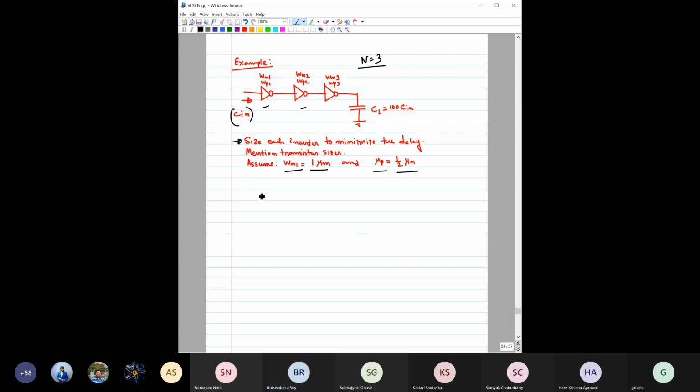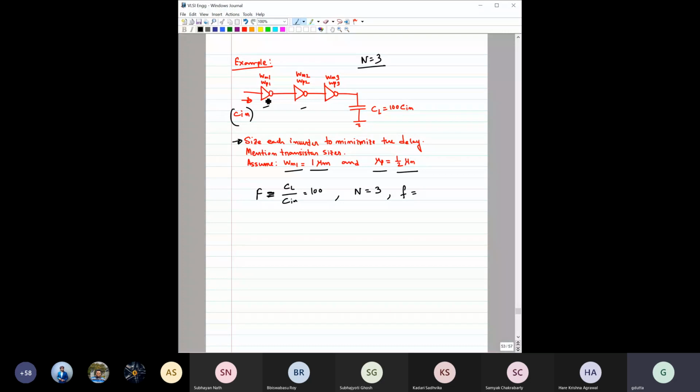Calculate the fan out, right? So calculate this fan out. Basically it should be capital F, this output by this input load, so it is basically CL by C in. If you do that, it comes to 100, right? N is already fixed here, N is equal to 3. Then you need to find the effective fan out.